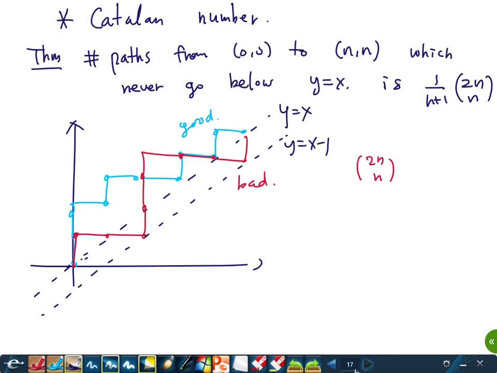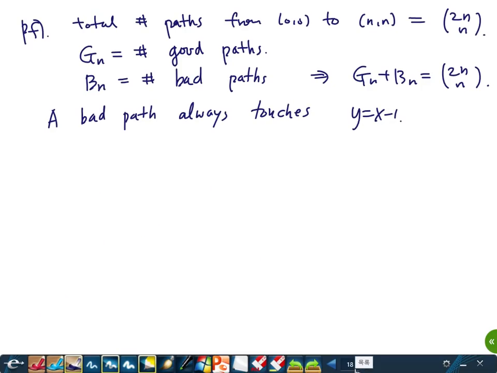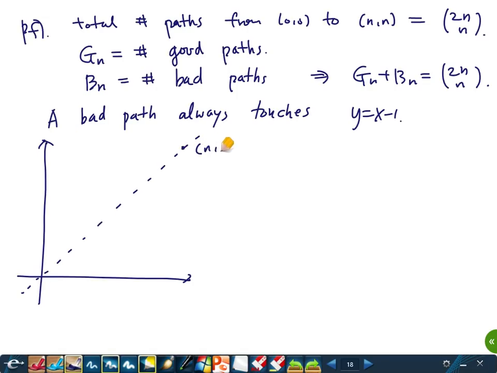So what do we do with this? Here is the point n comma n. This is the line y equals x, and this is the line y equals x minus 1. We have a bad path that goes something like this.